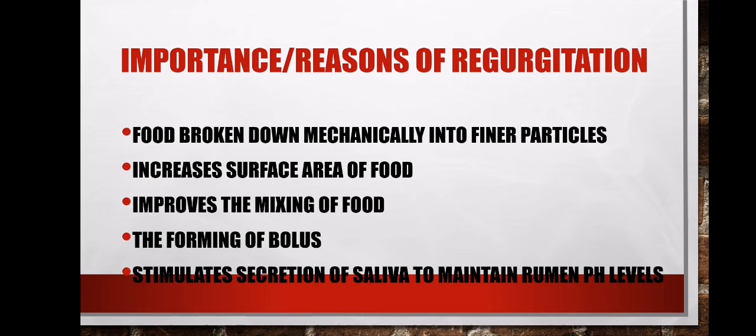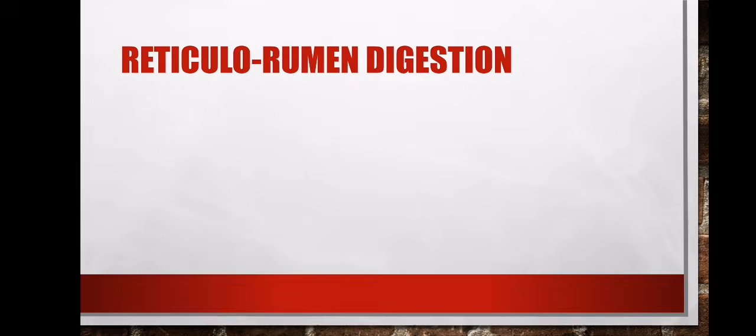Okay, let's get to this important part, good people. Reticulo-rumen digestion. When we look at the reticulo-rumen digestion, we have 3 microorganisms that we get, 3 microflora that we get here.